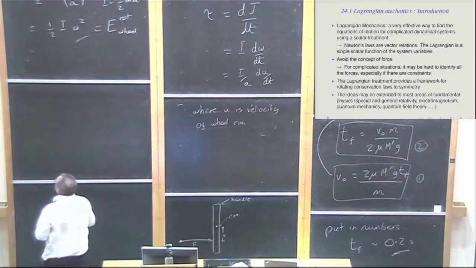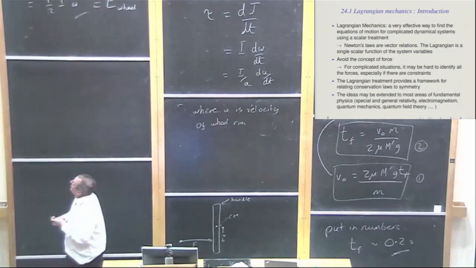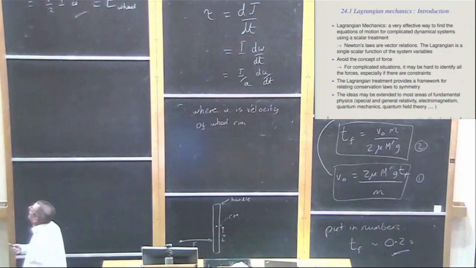So for simple problems, not a problem, but for more complicated calculations, you could imagine this could be a pain. Now, as we will see when we introduce it in all its glory, which will be on Monday of next week, the Lagrangian is just a simple scalar function of the system variables. And so we just deal with a scalar, and that makes life much easier.